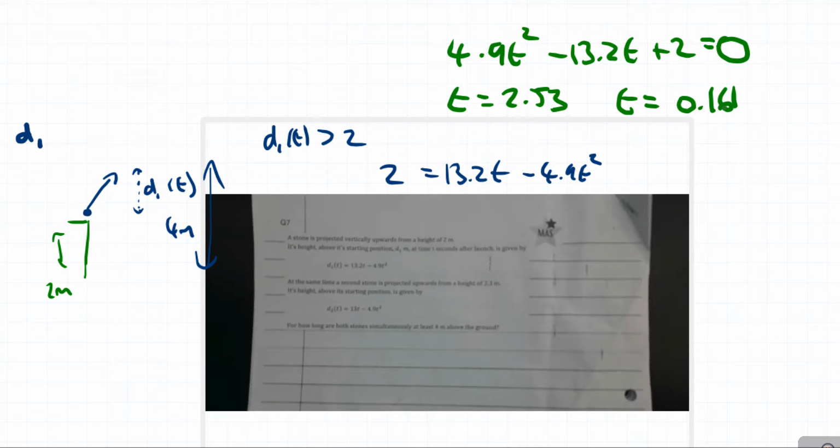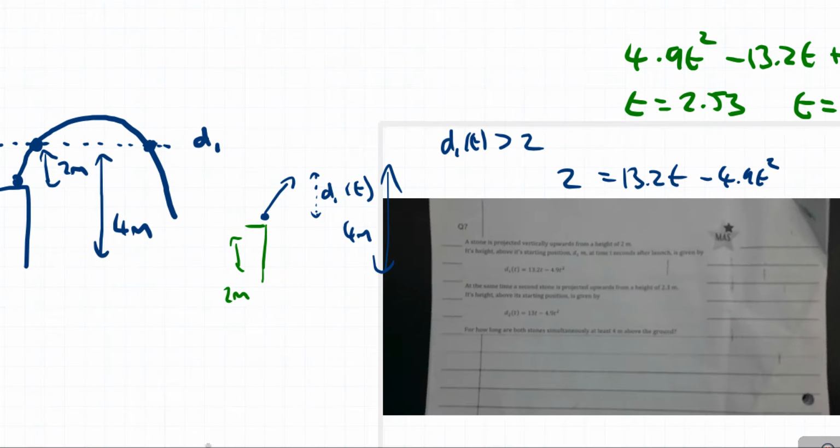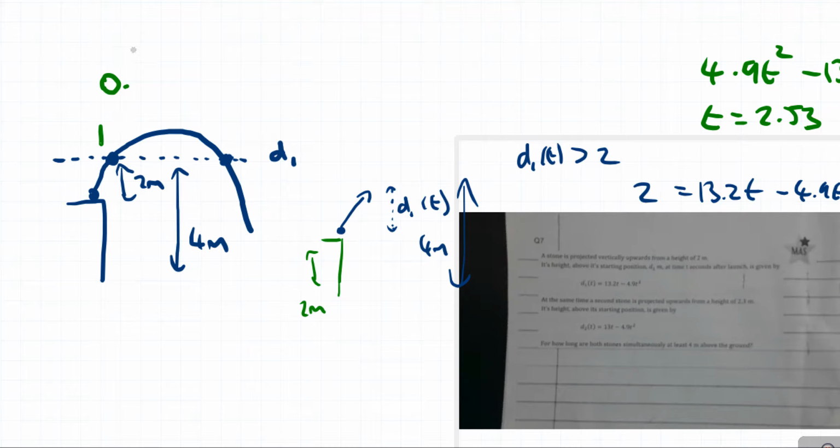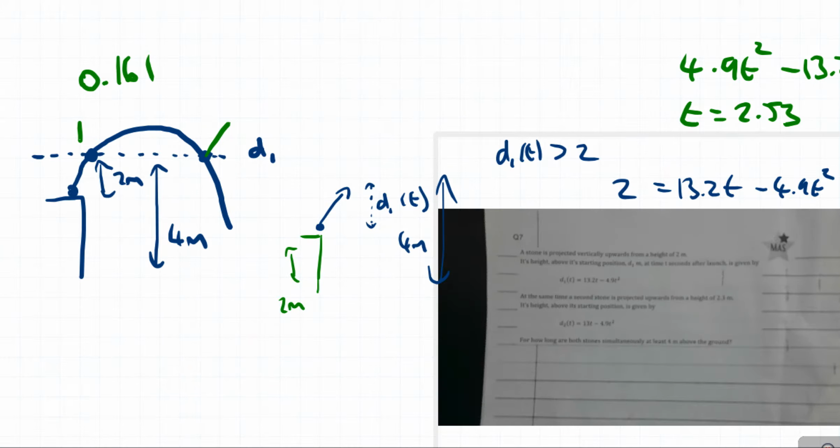So that gives you your t values. At the first point t is going to be 0.161, and at the second point d1 is going to be at 2.53.